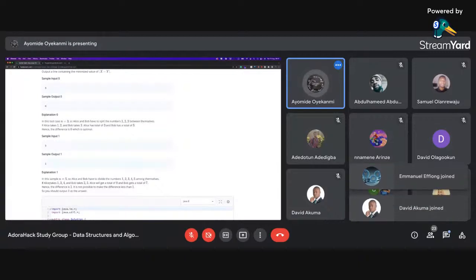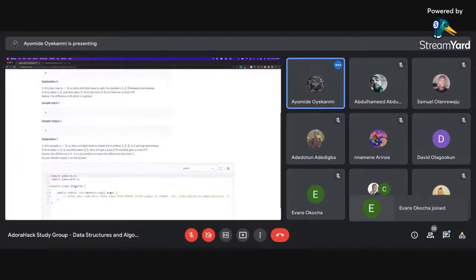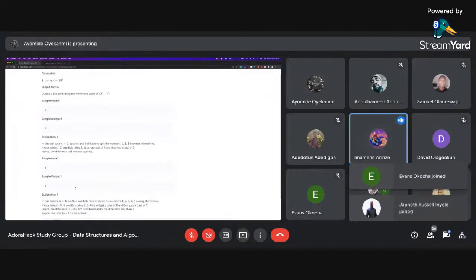One way to split that is by giving Alice 1, 3, and 4, and giving Bob 2 and 5. Then Alice would have a total of 8, and Bob a total of 7, and the difference would be 1. Does that make sense? Sort of, it makes sense a bit. Maybe it will become clearer once we eventually start solving it.